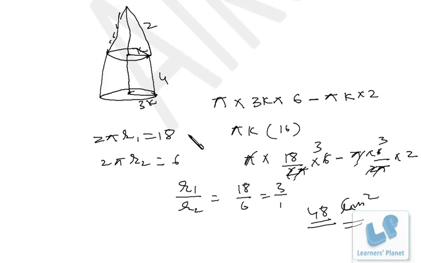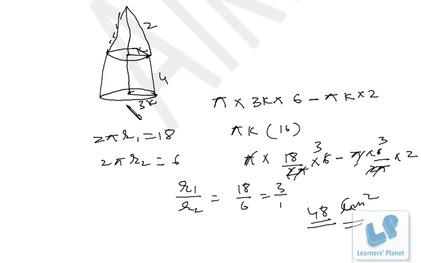Right? So without using any formula, we just have put up the concept of similar triangles over here, and we have calculated the curved surface area and volume, both of them for a frustum. Right? If you are asked about the total surface area, then R1 and R2 are already there. Just add up pi R1 square plus pi R2 square. You will be getting the total surface area of this frustum. Right?